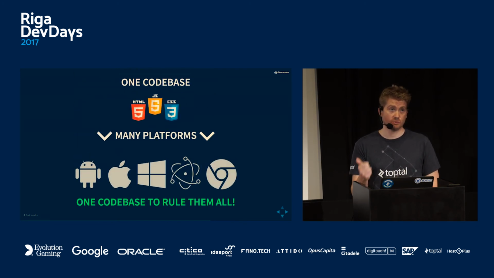You can build for the web. You can deploy it on a server, accessible to anyone. You can build for iOS or Android with Cordova. And you can also build for desktop applications with Electron. So one code base, and you can deploy everywhere.